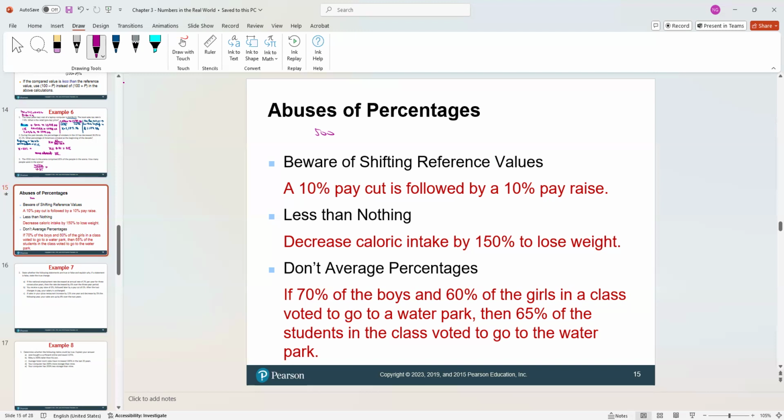Look, 10% of 500, so we have 0.1 times 500, that's $50. All right, so we have a $50 cut.